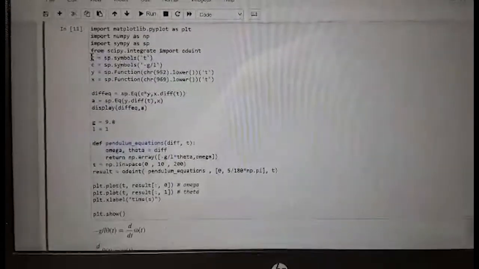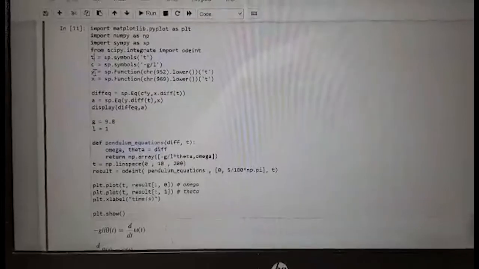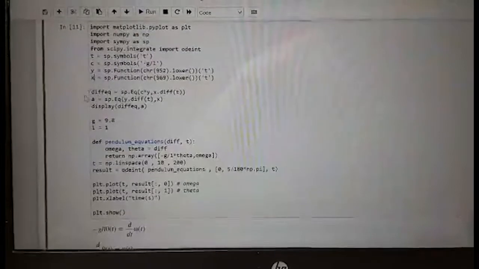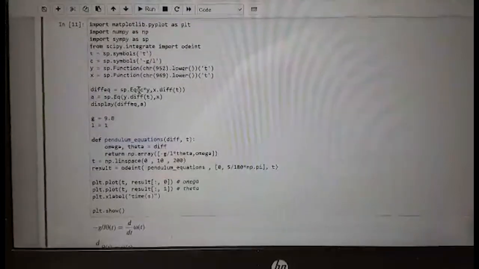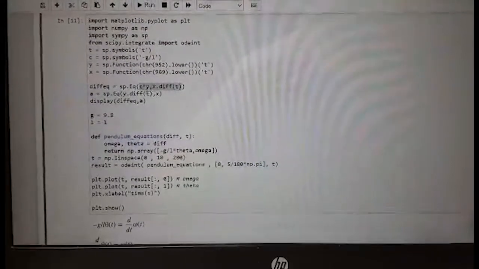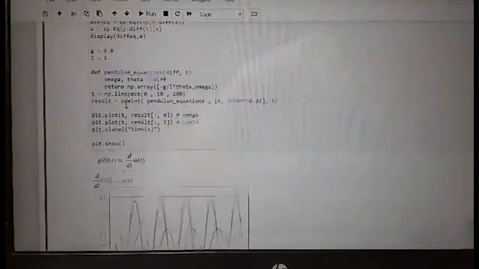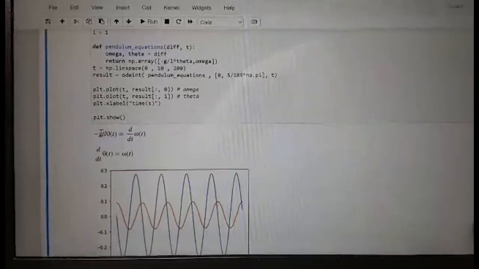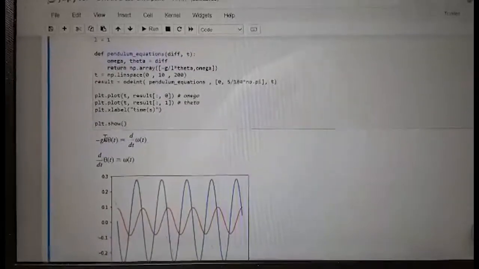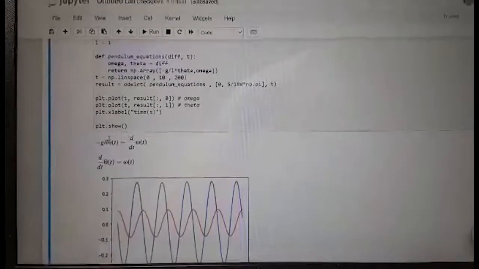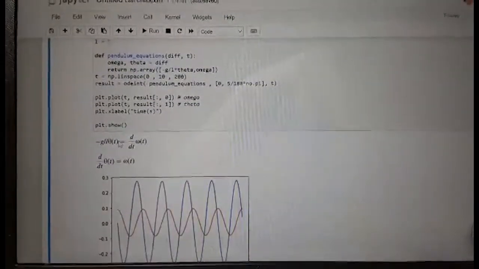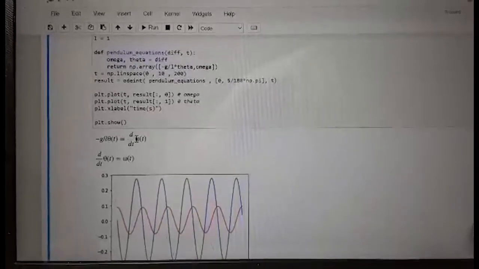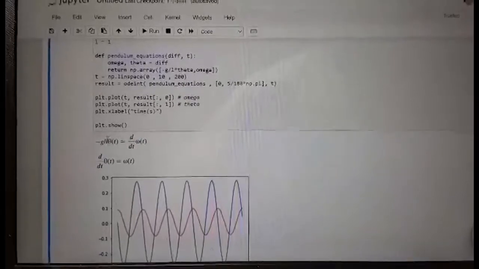First, we define t as time, y as theta, and x as omega, and design the equation like this, and display them. The equation will look like this. The g means gravitational acceleration, L means the length of the line, theta means the angle, and omega means the angular velocity.